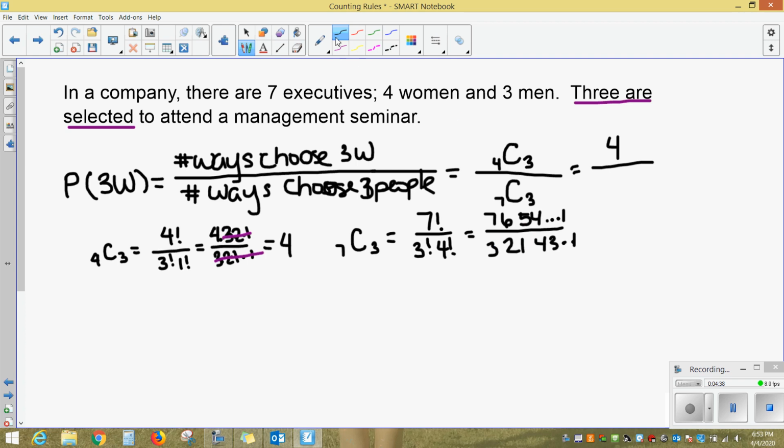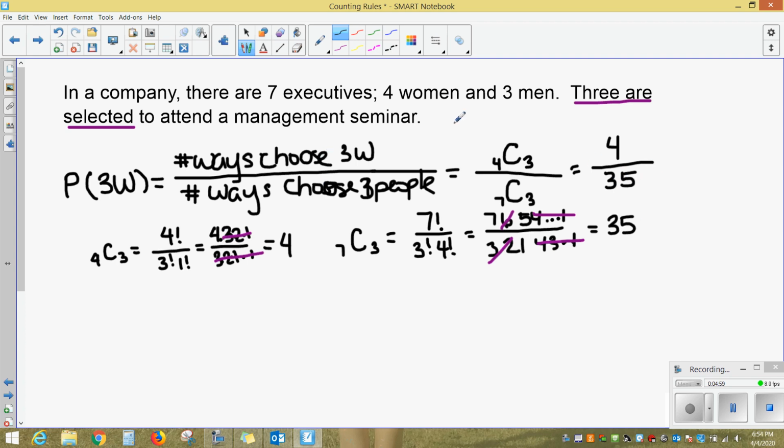I'm not going to put all my dots in there because I'm lazy. But everything from 4 on down is gone from here. Notice that 3 times 2 is 6, so the 6 will go away with the 6 on the top. On the top I have a 35, on the bottom I have a 1.